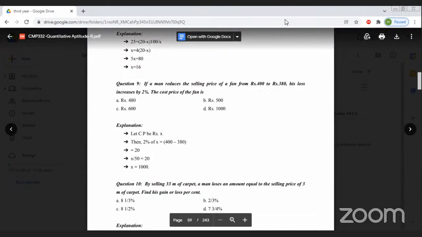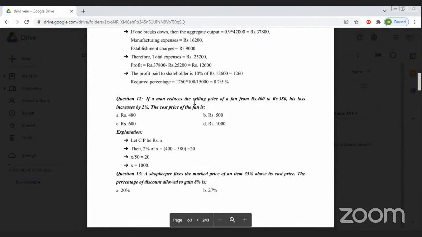It is 2 upon 100 of X. That should be 20. So X by 50 is equal to 20.